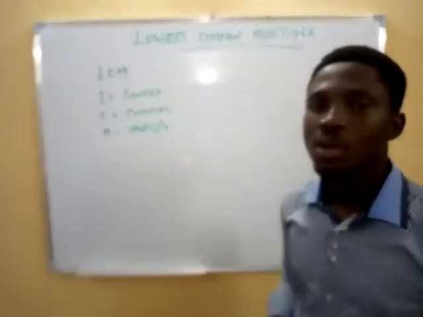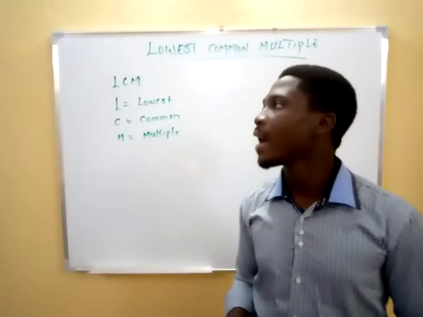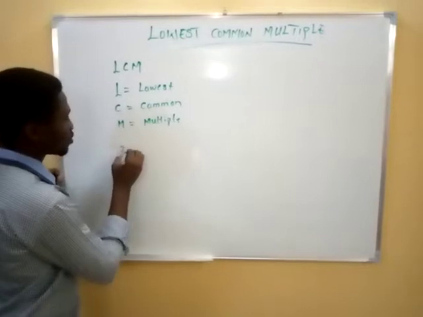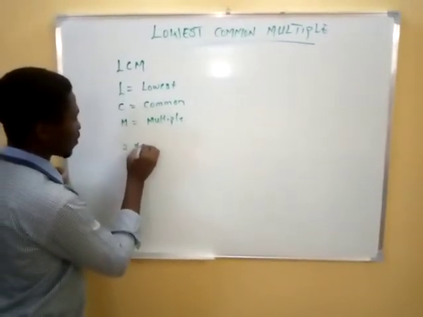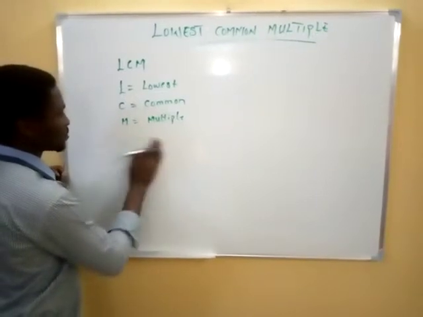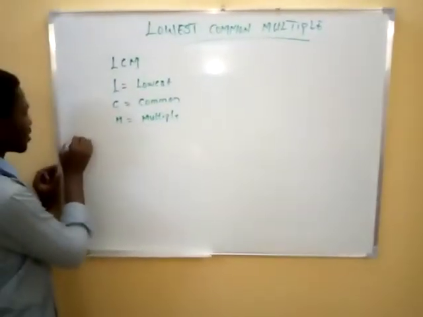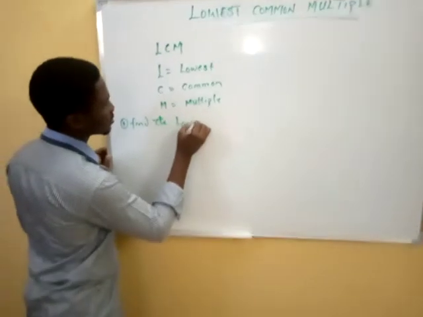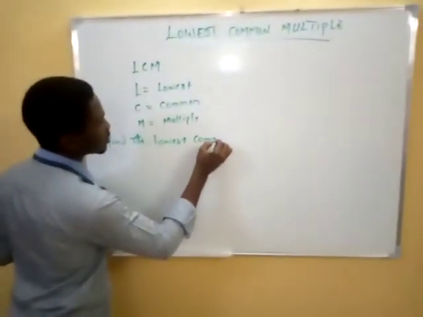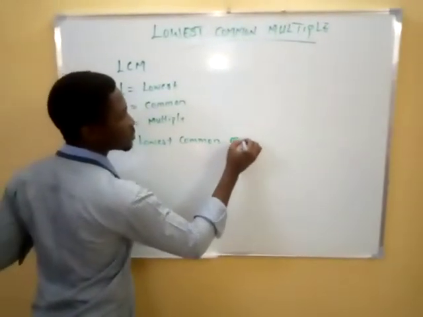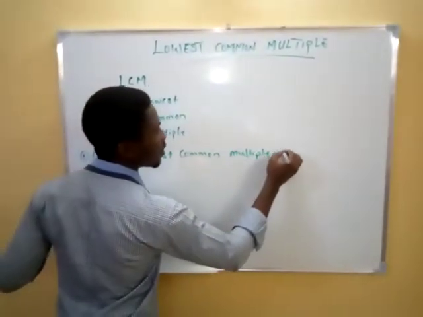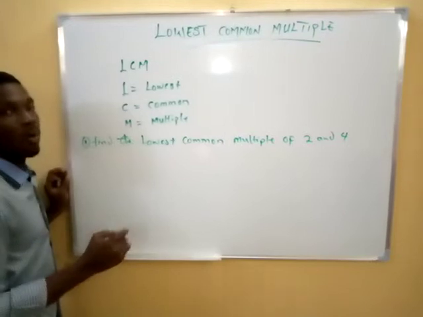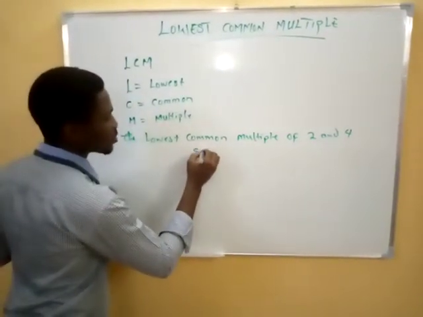So for example, if you are asked to find the lowest common multiple of 2 and 4, what are you expected to do? You quickly write out your solution.